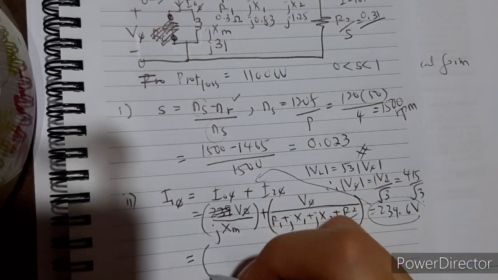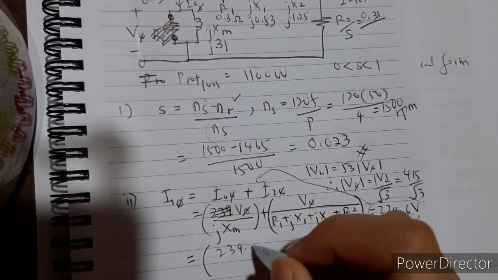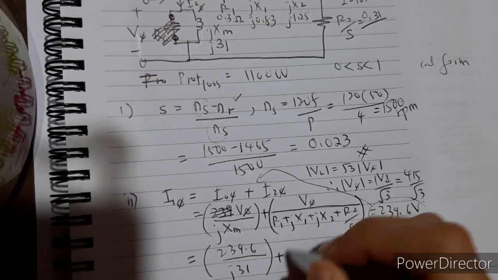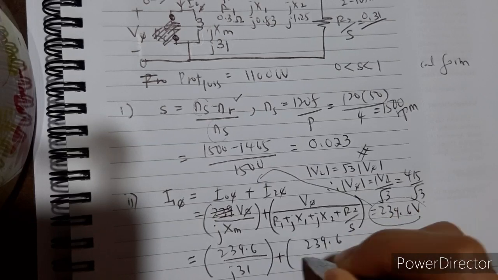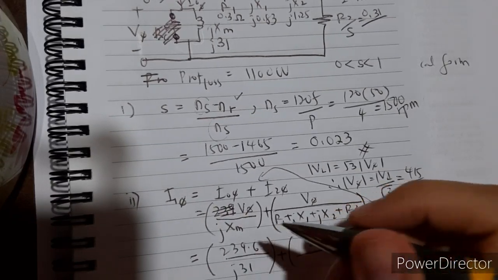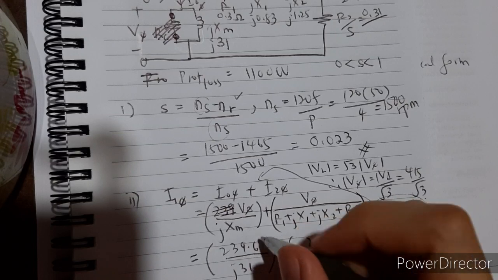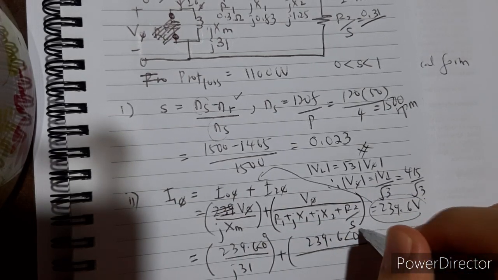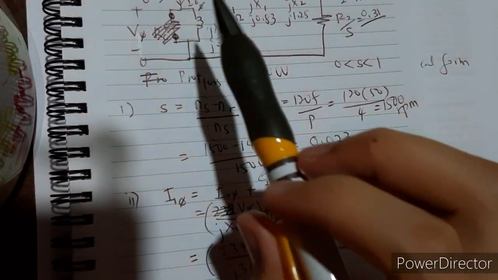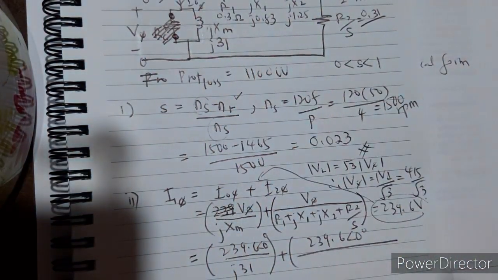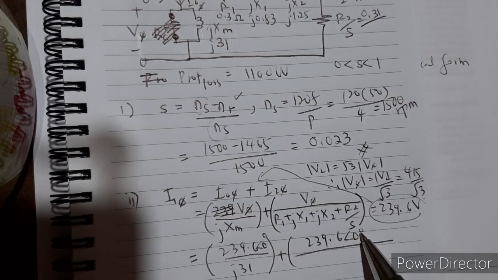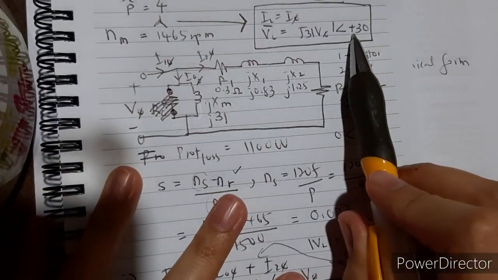Right, so 239.6 divided by J31, plus 239.6 divided by, so actually we assume V phase is at 0, yeah. This is what I meant earlier. Okay, if the angle of V line from the question is not given, we can assume the angle of V phase is at 0. Okay, if it's stated, then you have to use that formula.